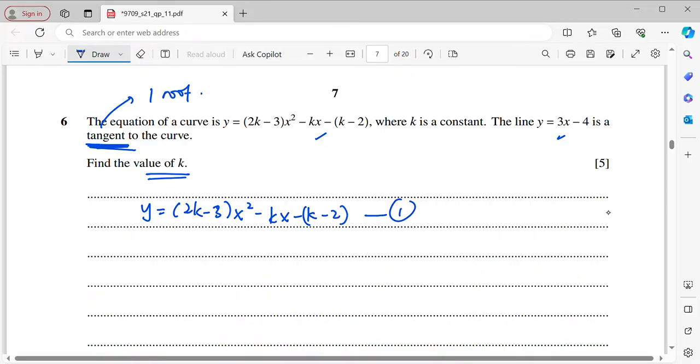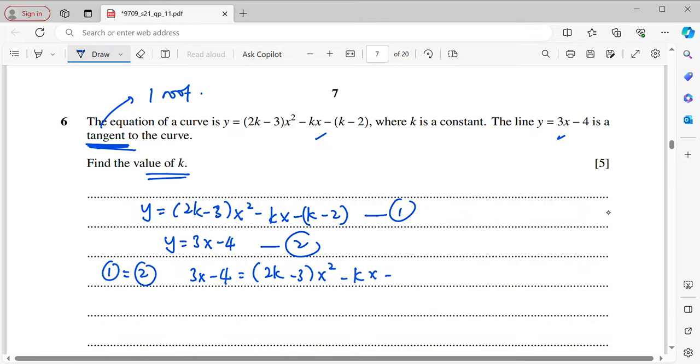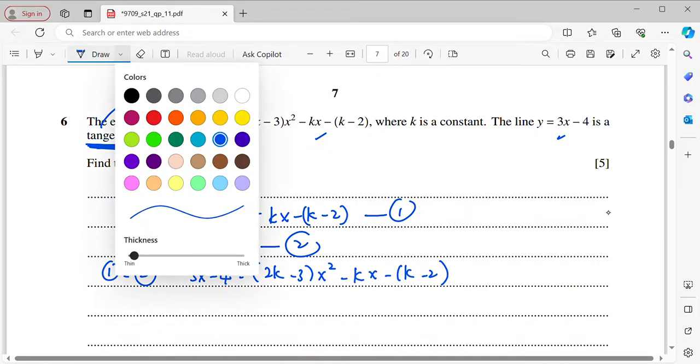Let this be the first equation. My straight line is the second equation. Now to solve this, I will just let the first equation equal the second equation. So the left hand side, I will replace it by 3x minus 4. Then the right hand side, I will just copy the rest. No need to do expansion, just move all the terms to the right side.